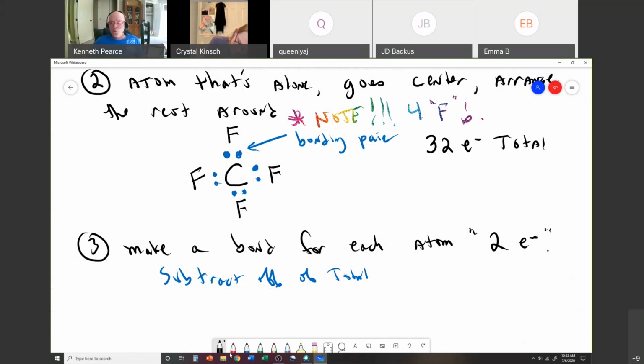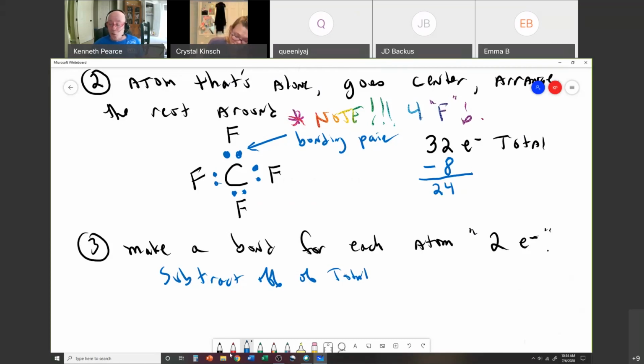Now, how many electrons did we just put down? I just put down 2, 4, 6, 8 electrons. So we're going to subtract off 8. And 8 from 32 is 24. We're doing a running total.